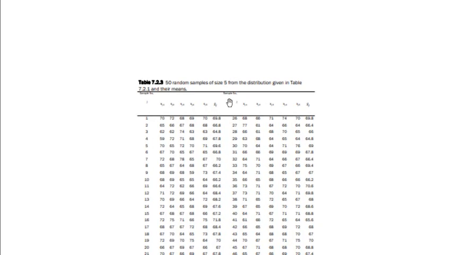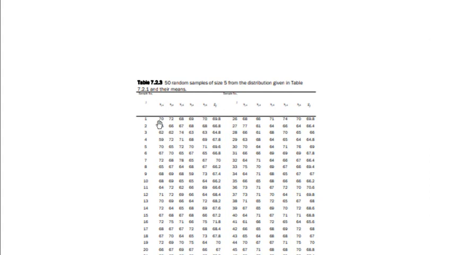The first sample consists of the units 70, 72, 64, 62, and 70, and on the 7th column the sample means, 69.8, etc.